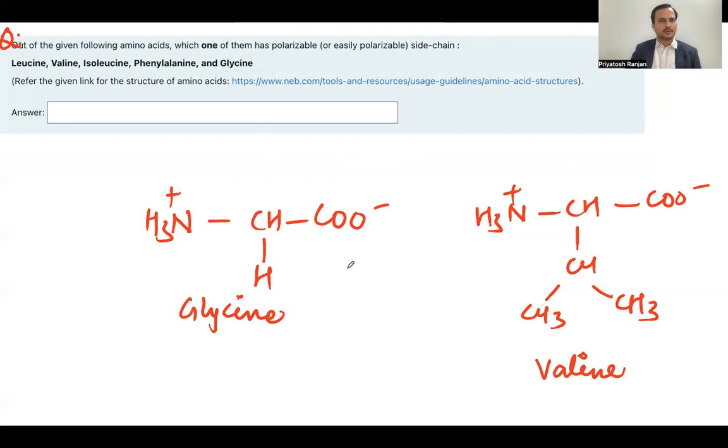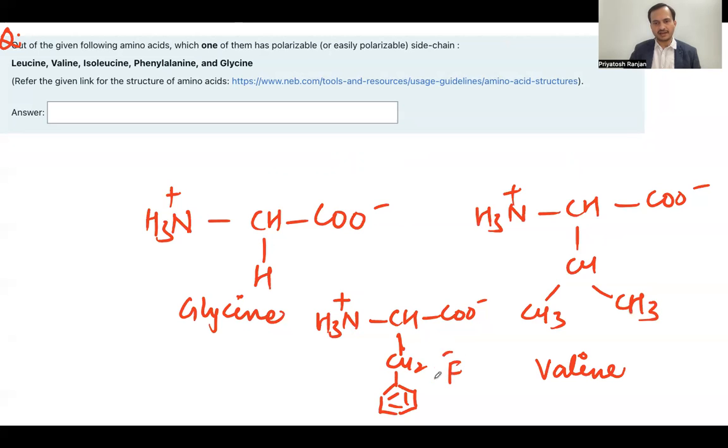How about phenylalanine? So this one which I'm drawing right now is going to be the structure of phenylalanine. Remember, it has an aromatic. This is an aromatic amino acid because of the presence of this benzyl group. Phenylalanine in a single letter code is also represented by F. Valine as V, glycine as G.